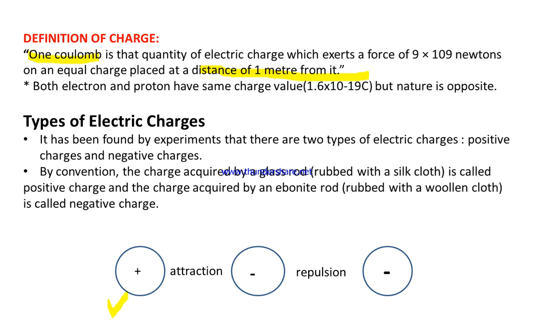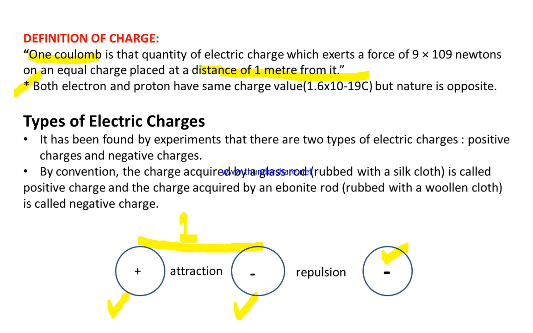Like we have these two charges, one positive and one negative. If both are placed at a gap of 1 meter, then they will apply a force of 9 into 10 to the power 9 newtons, of attraction or repulsion. Then this quantity of charge is known as 1 coulomb of charge.